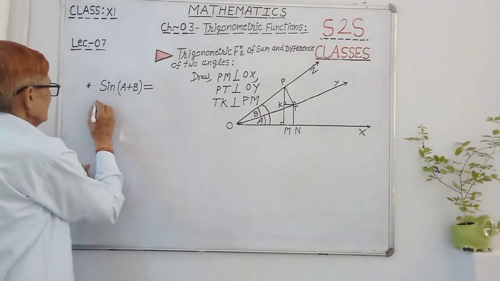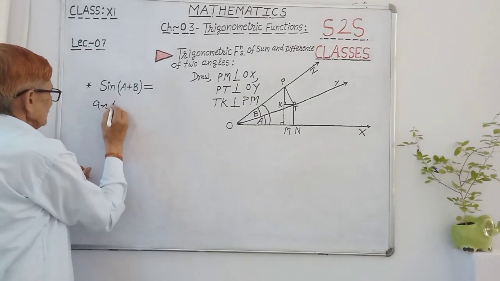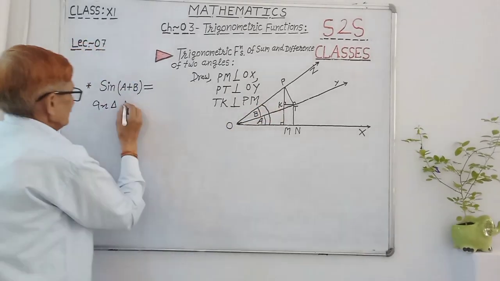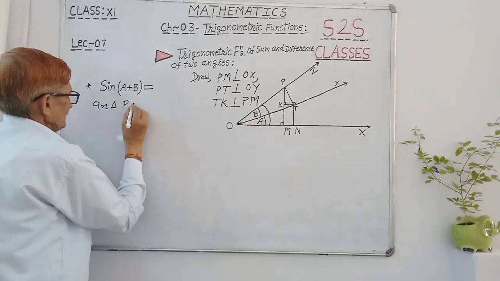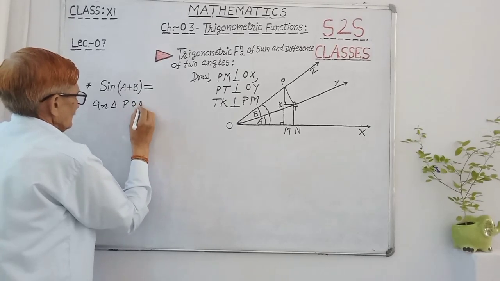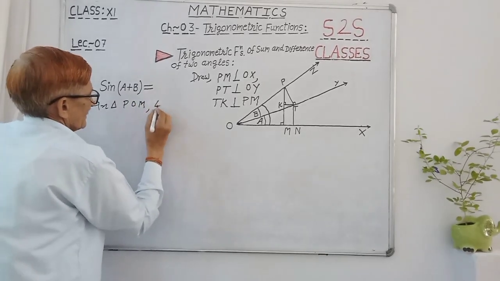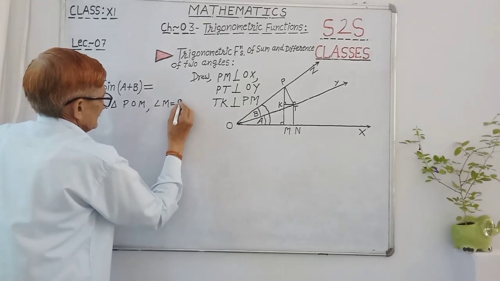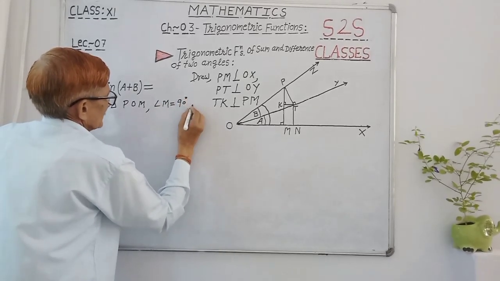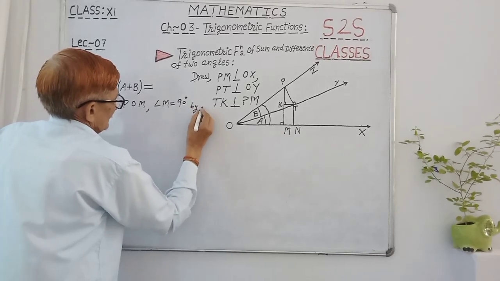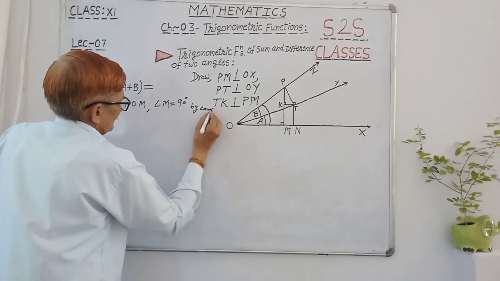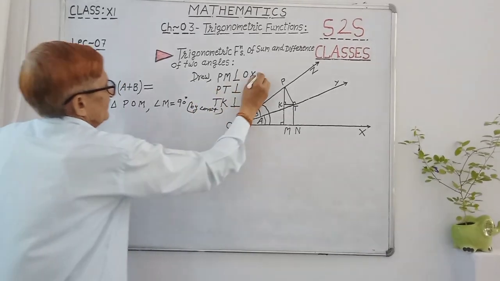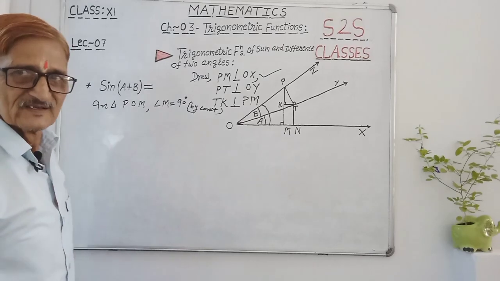In triangle POM, angle M is equal to 90 degrees by construction. Here we have done the perpendicular in construction.